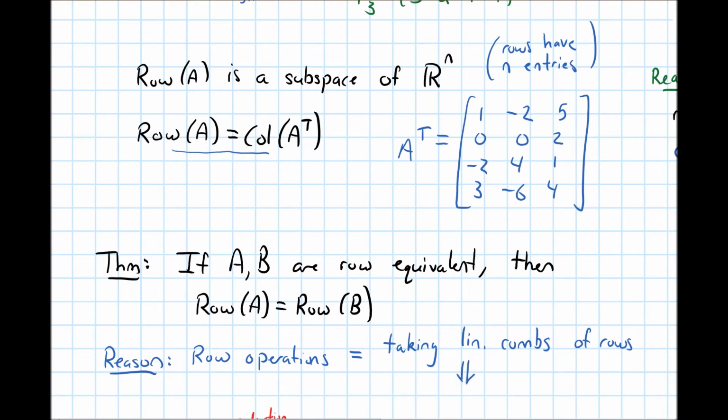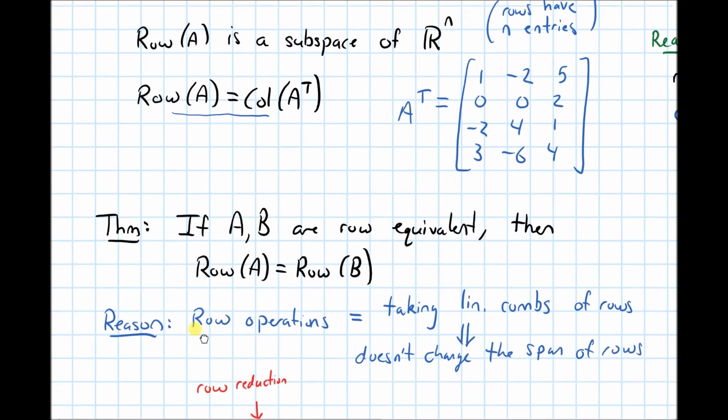And when we take linear combinations of the rows, that doesn't change their span. If I take linear combinations of the rows we already have, we're not going to somehow get a new independent direction. We're also not going to get rid of directions that we already have. So when we do row operations, it's not changing the span of the rows. That's why the row space of A and the row space of B are equal whenever A and B are row equivalent. Okay, so next I want to state another theorem.